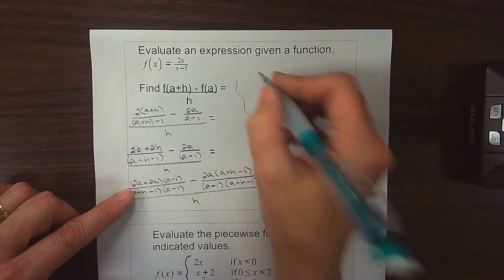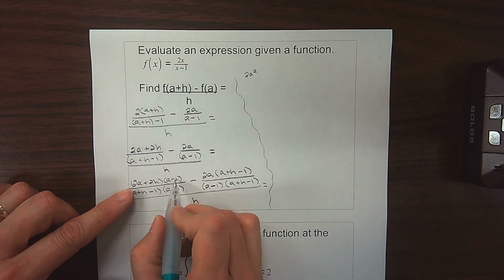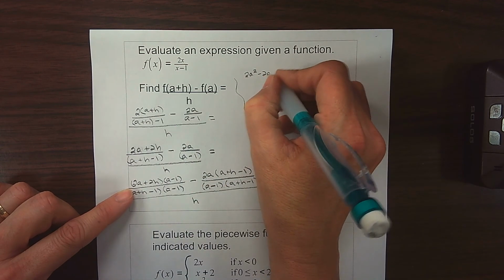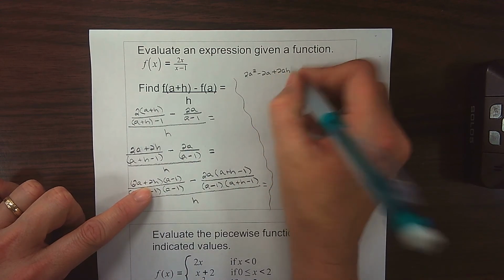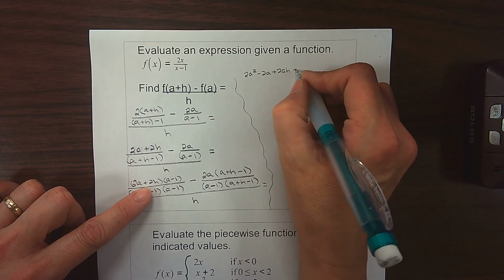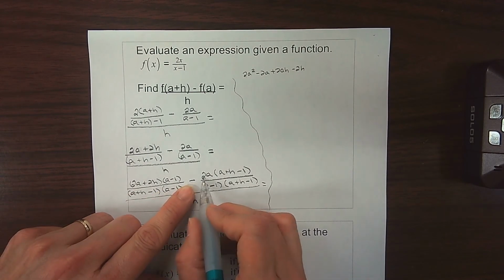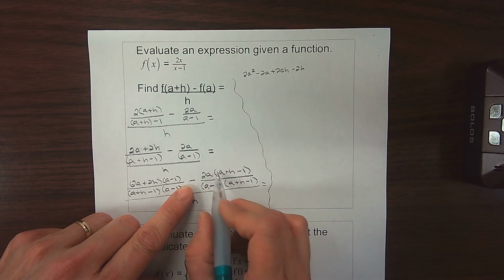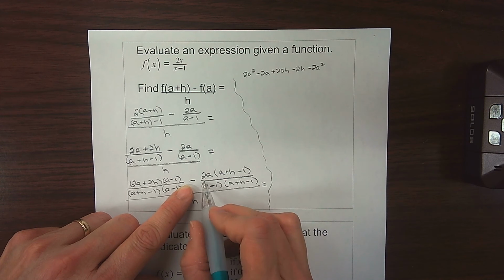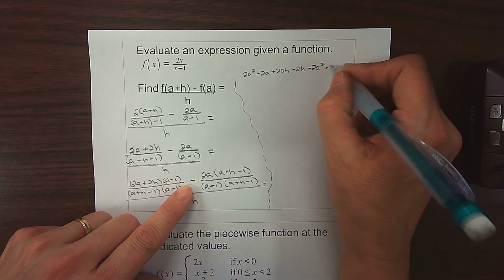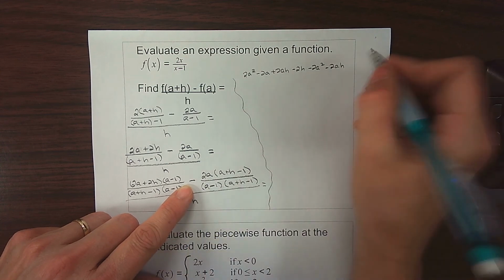That leaves me with 2a squared minus 2a plus 2ah minus 2h. And then now again, if I distribute here, the minus sign coming along with the 2a, I get minus 2a squared minus 2ah and then plus 2a.